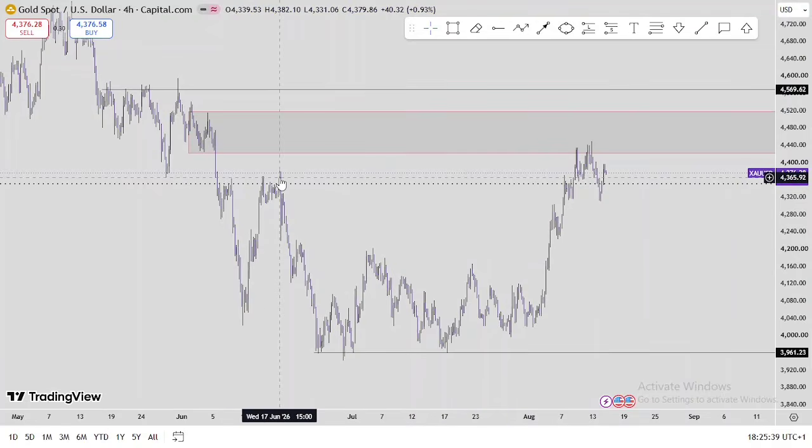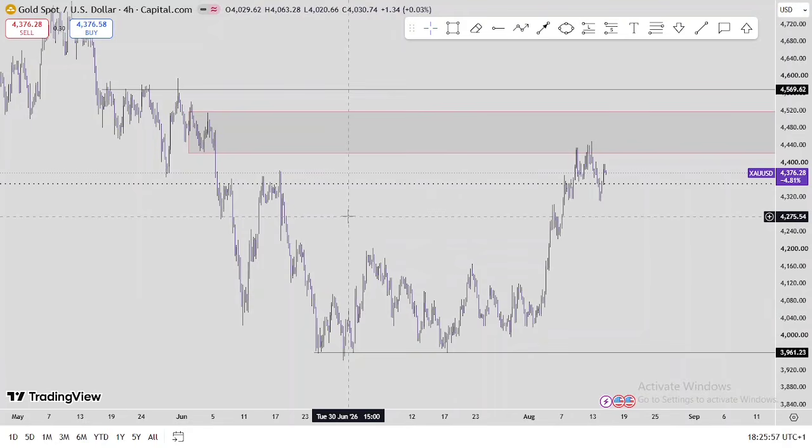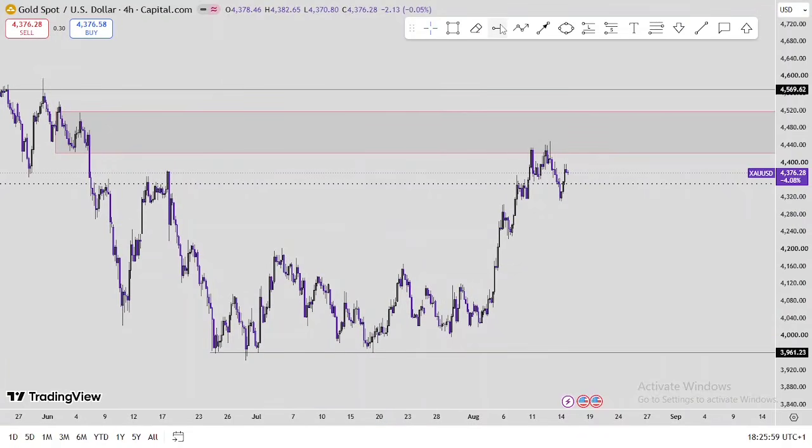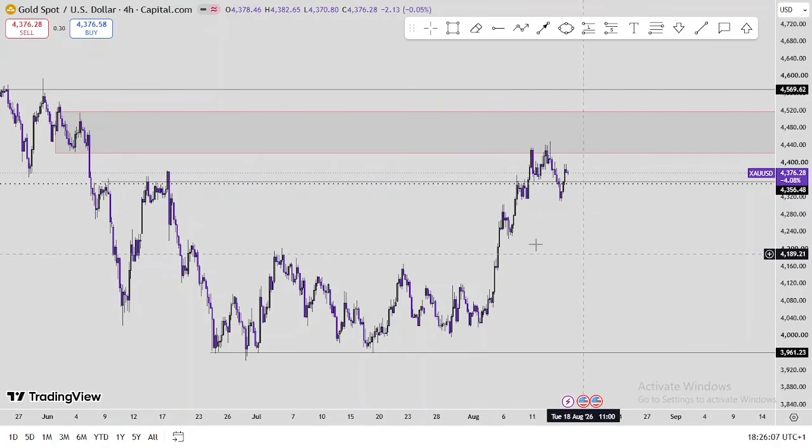Usually I would mark out this one as the major lower high, but when I have price printing a consolidated pattern near the lower high, I usually go for the next one up as opposed to the one that is close to the consolidation. But we will still mark out this area here.